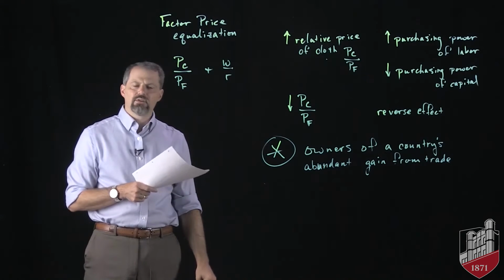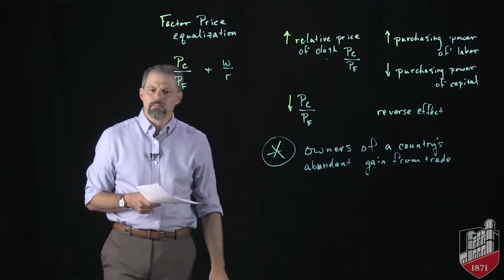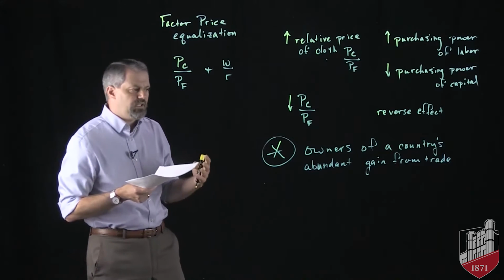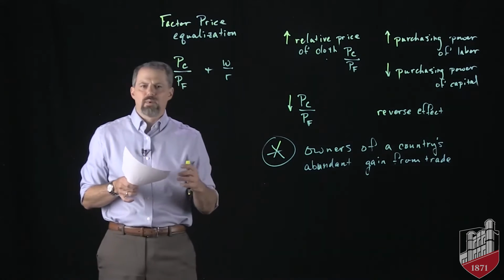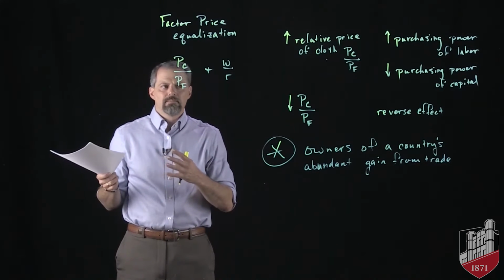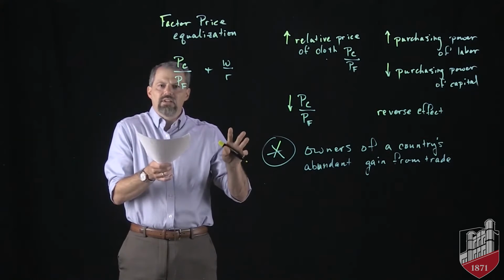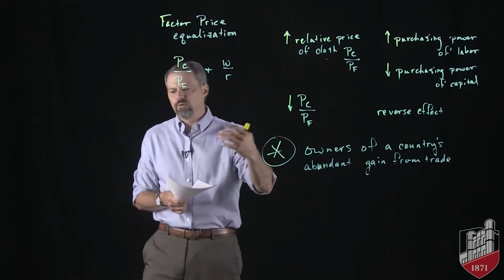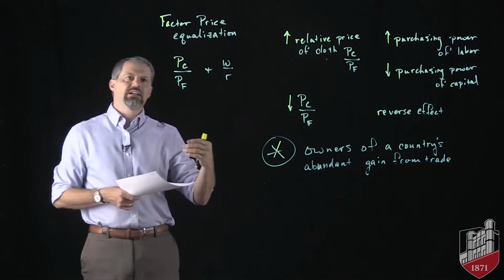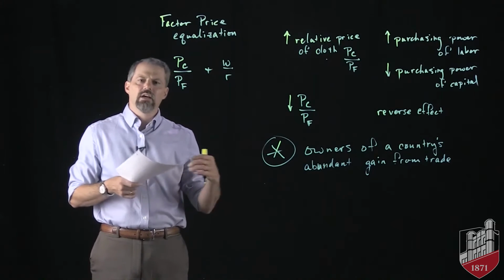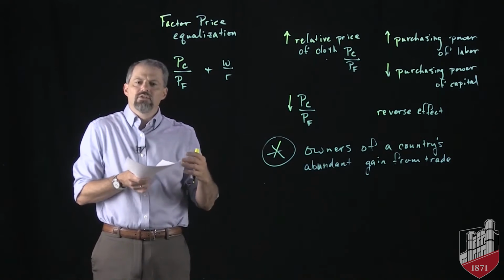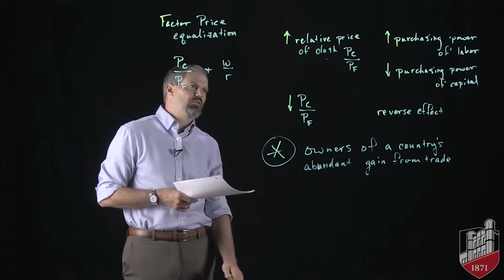The problem is that we don't observe that in the real world. And so that's one of the predictions of this model that we don't tend to see. A lot of what this model predicts, we do tend to see in terms of who would benefit from trade and who would be hurt by trade, and consequently who would support free trade and who would oppose free trade.